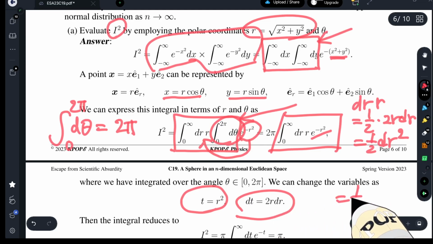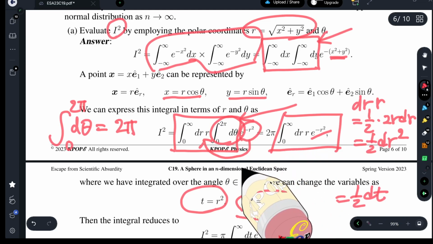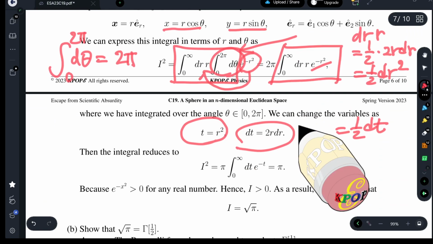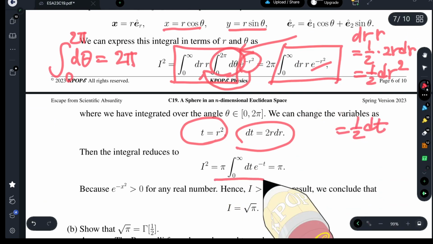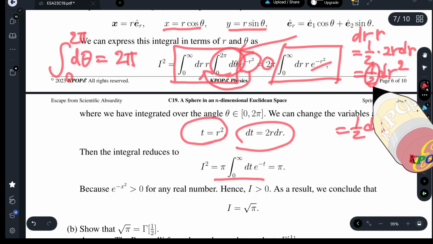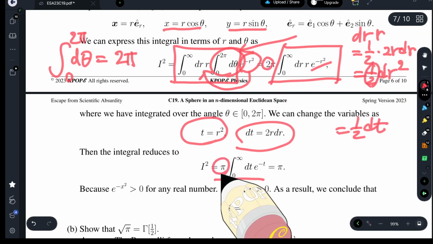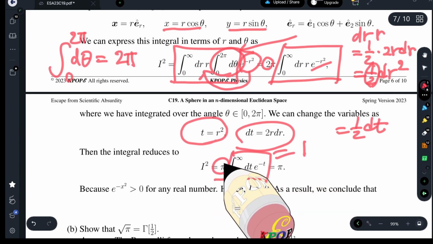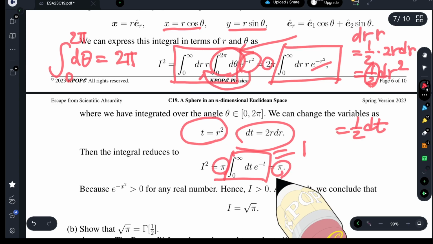Therefore, it is 1/2 times dt integrated over t from 0 to infinity. Now this integral becomes trivial. The factor of 2 and the factor of 1/2 cancel, and this trivial integral is 1. Therefore, I squared is pi.